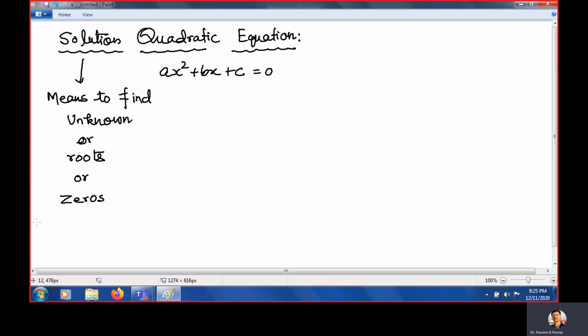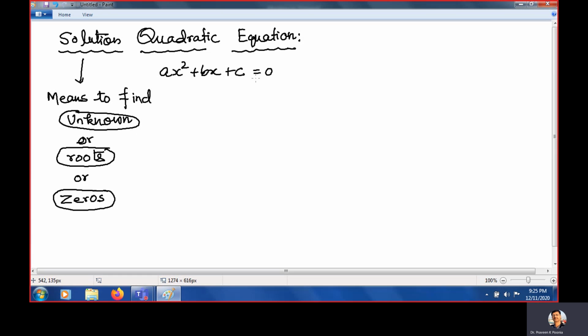Clear? These are the three. You can say you need to find the unknown. This is one word. You can say find the roots. That is another word. And you can say find the zeros. Clear? So solution means you can say any one.